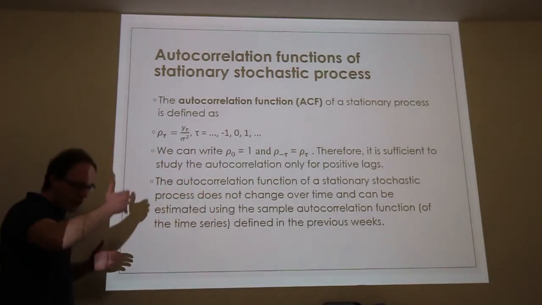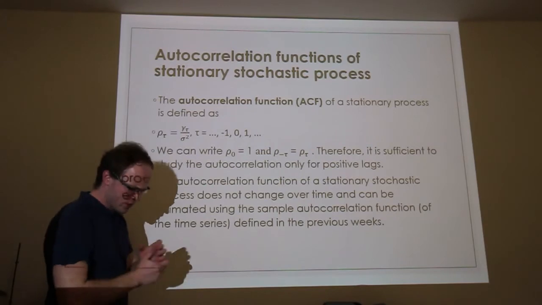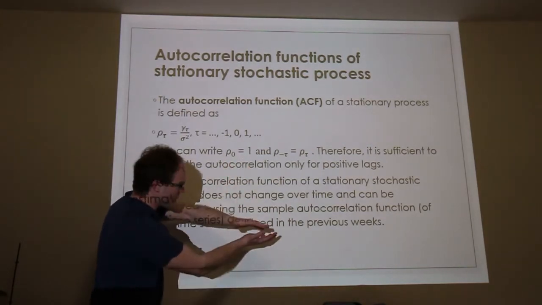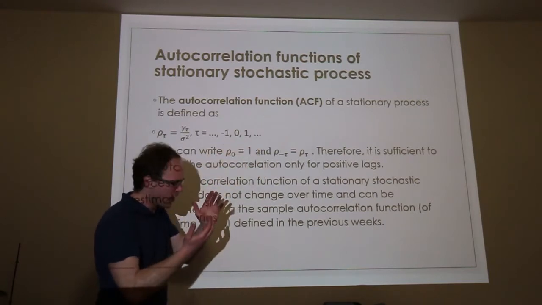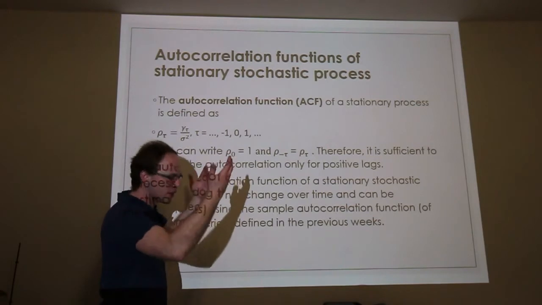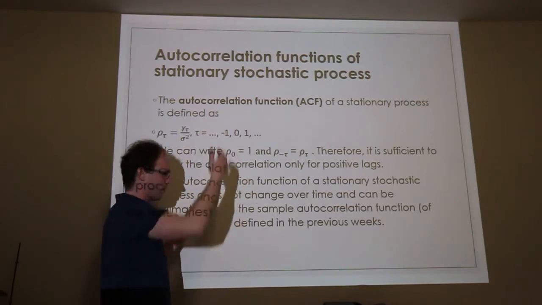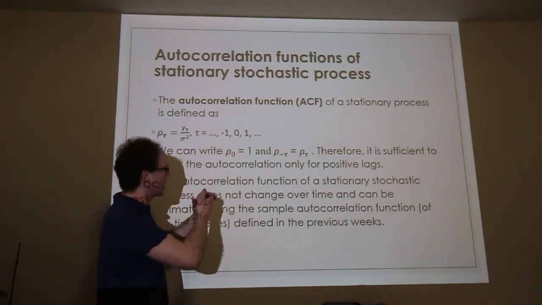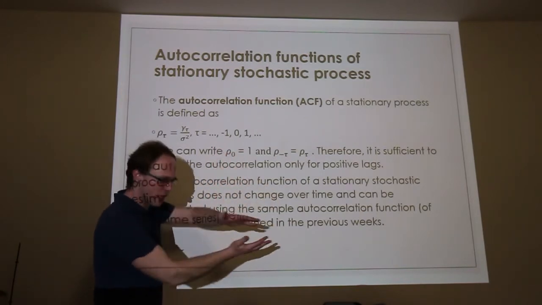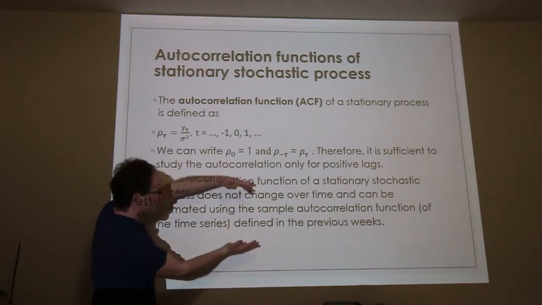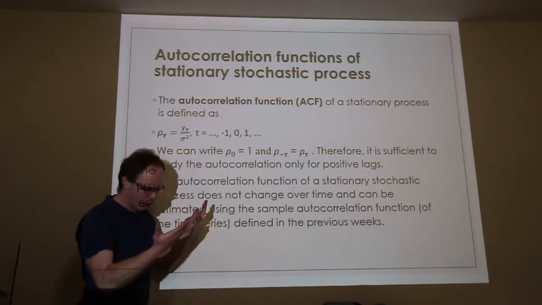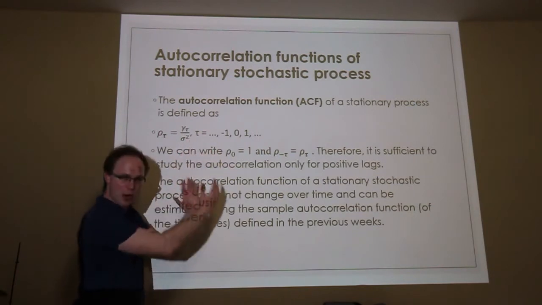In EViews you could see before that there was a question about the number of lags where we checked the structure of the correlation. Number of lags, 12, 16, 36, etc. And we could see the development of these correlation coefficients represented in the chart.